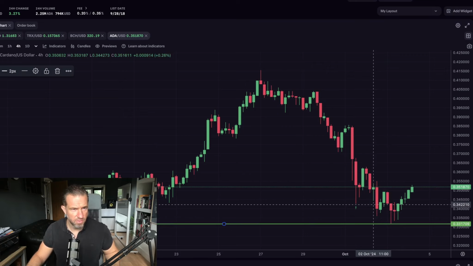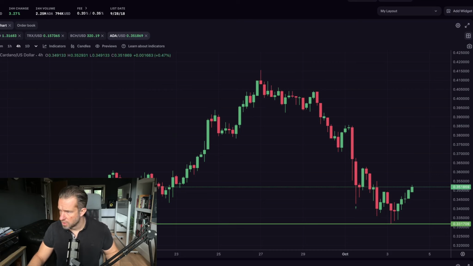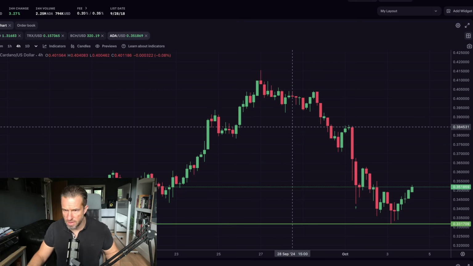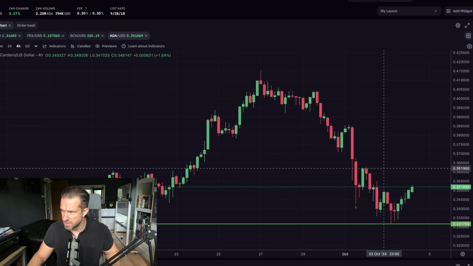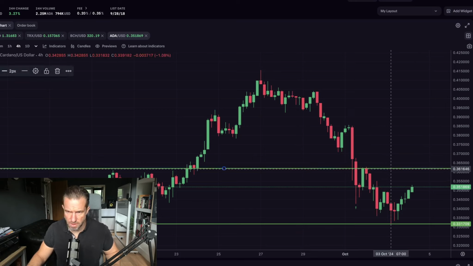My take profit will be, SignalRock has given me a take profit position here because it's a previous high. I am going to keep that as the take profit position at 0.36.